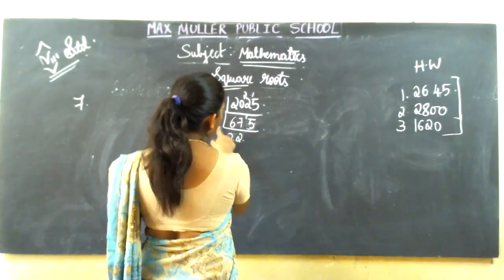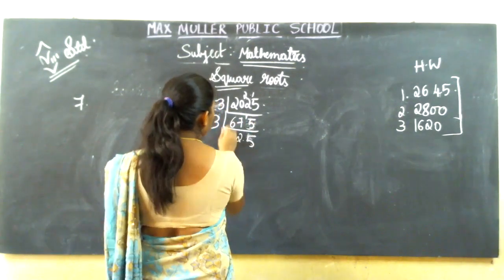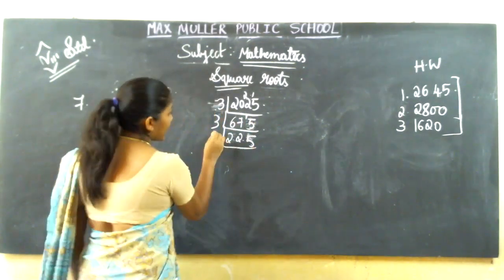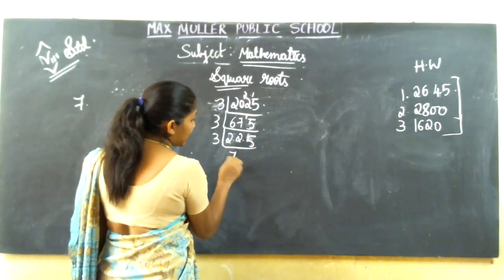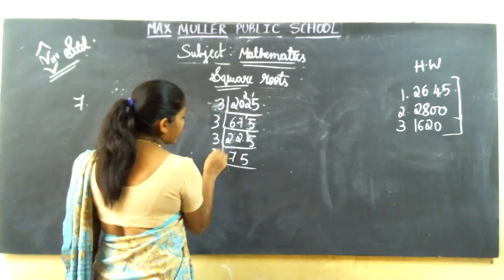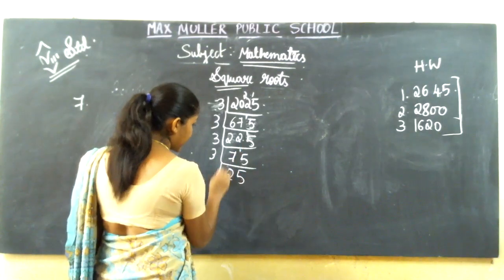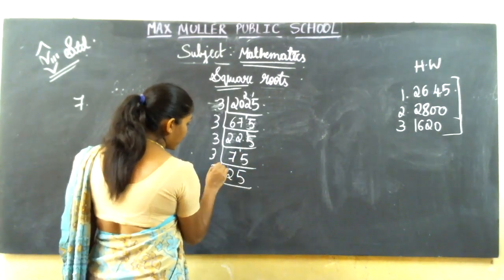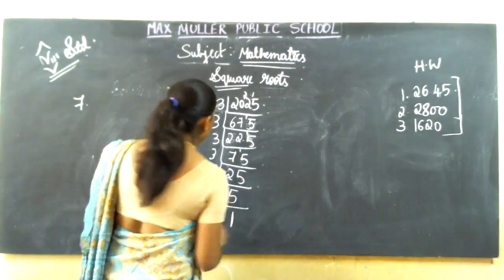Again 3 5s are 15, 3 7s are 21, 1 carry, 3 5s are 15, 3 2s are 6, 1 carry, 3 5s are 15, so 5 5s are 25, 5 1s are 5.